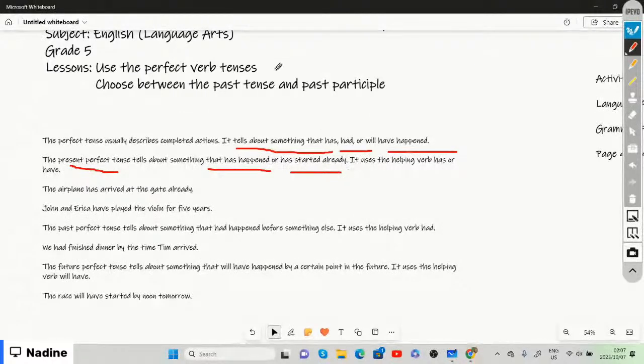So once again, the perfect verb tense usually describes completed action and tells about something that has happened, had happened, or will have happened.